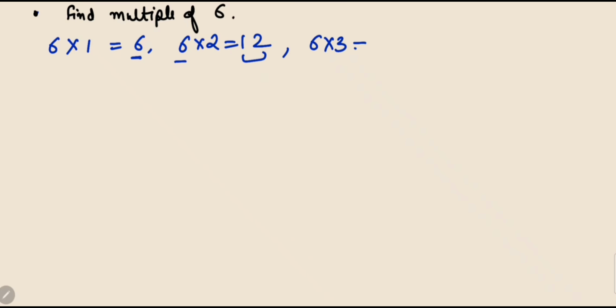Let's find multiples of 6. Now what we have to do, we have to simply multiply 6 first with 1, we'll get 6. This 6 is the multiple of 6, and then 6 multiplied by 2 gives the multiple of 6, 12, and next 6 multiplied by 3, this 18 is also a multiple of 6. 6 multiplied by 4 is equal to 24. 6 multiplied by 5 is equal to 30.